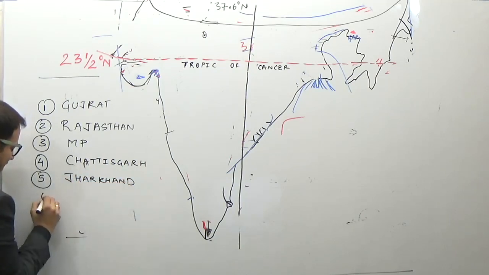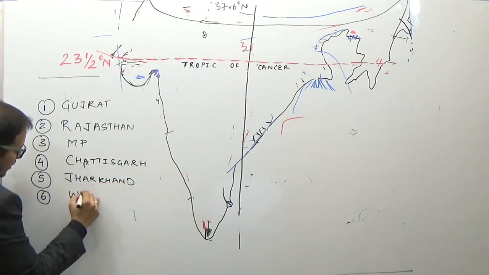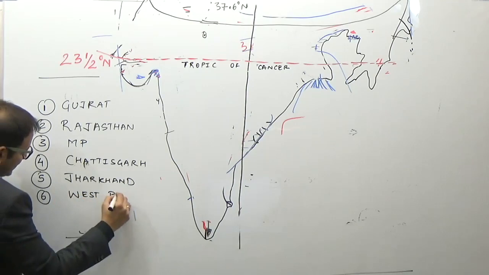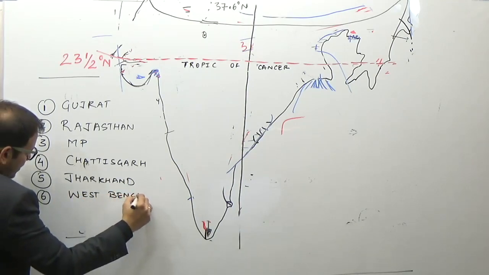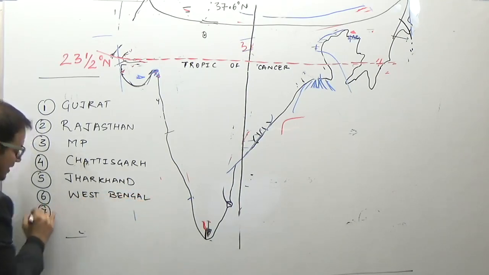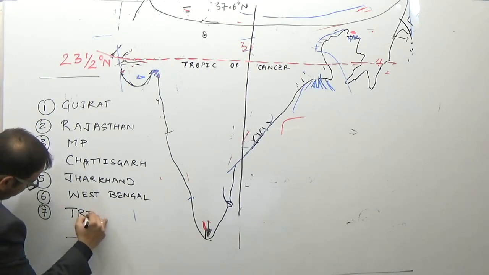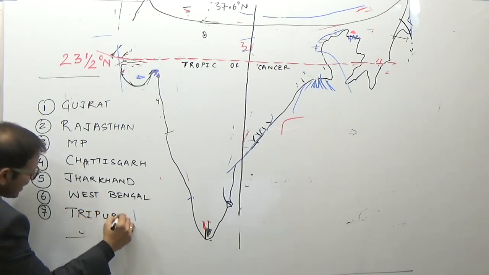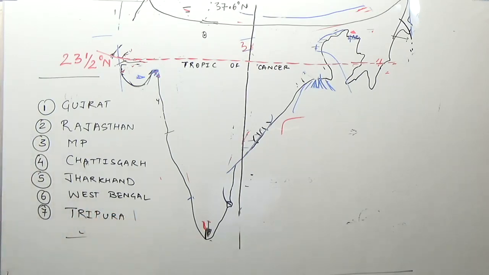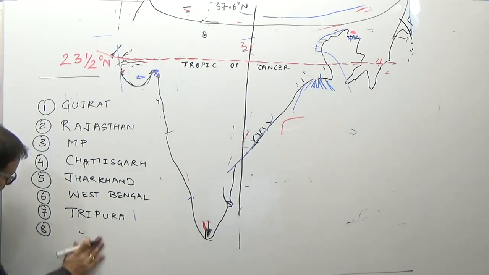The sixth state is the state of West Bengal. The seventh state is the state of Tripura. And the eighth and the last state is the state of Mizoram.